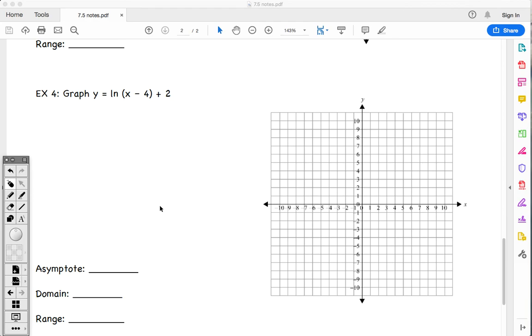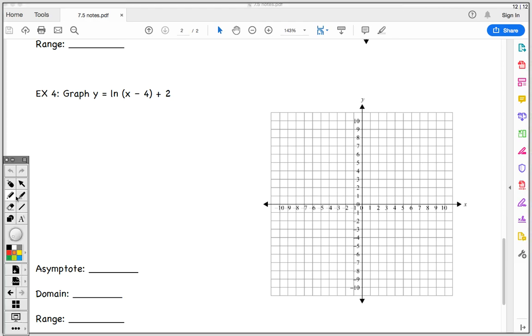Natural log, same thing. That means our base is e, which has a value that is greater than 1. That means it's going to be up and to the right.